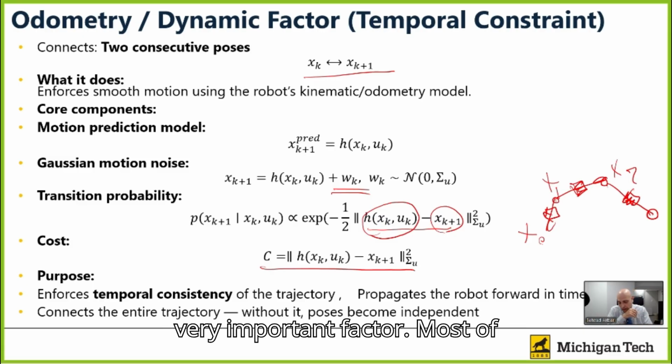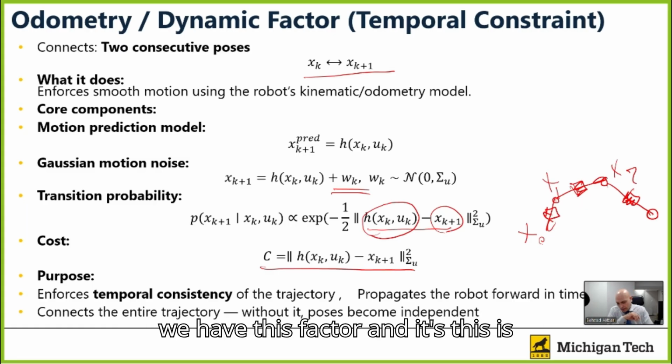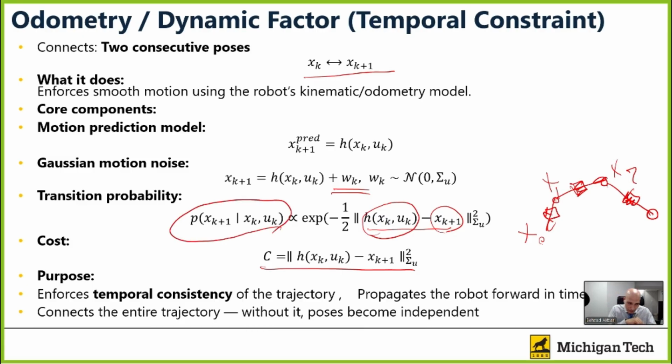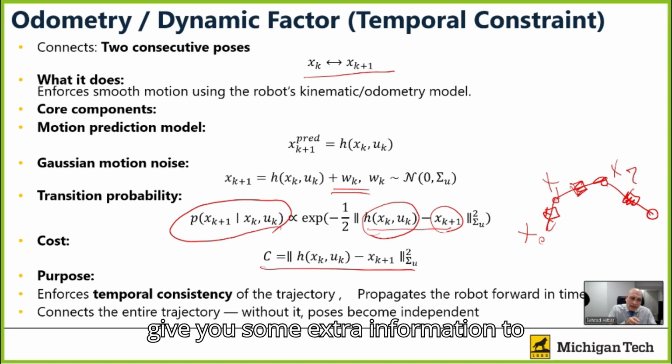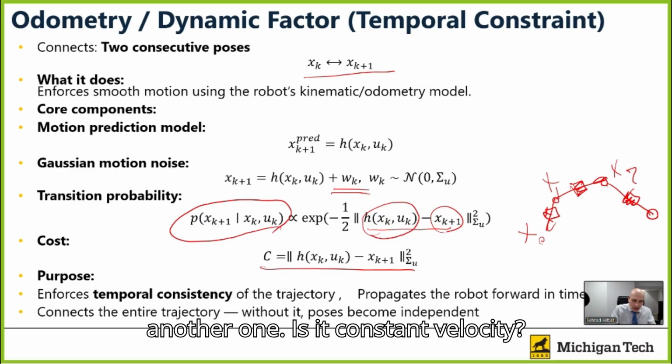So that's a very important factor. In most applications, especially robotics, we have this factor, and this is different. It's not a likelihood, it's also considered a prior. Why prior? Because it gives you some extra information on how to move from one state to another one.